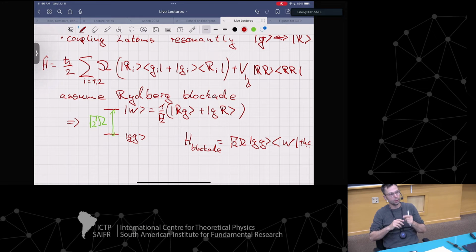The important message I want to bring here: you start with two independent atoms, and when they are Rydberg blockaded, they behave like one two-level system. Sometimes people call it a super atom. That sounds fancy, but it's just that all your dynamics are described by coupling this ground state to this W state. And then you could also do a Hadamard gate on this two-level system.